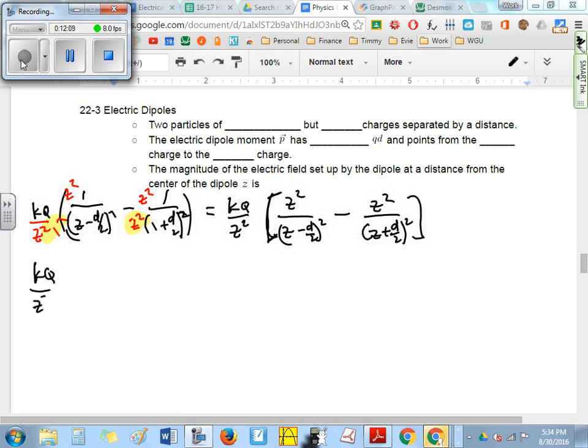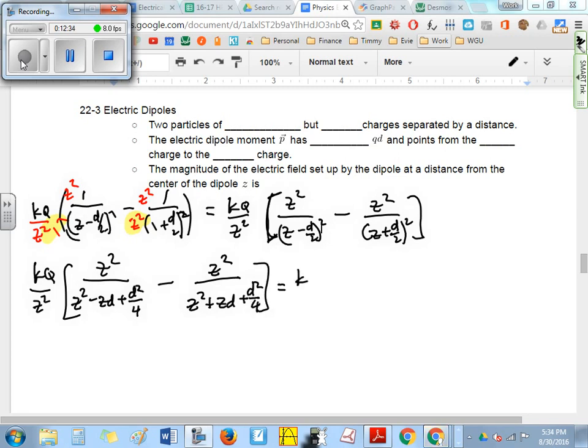So I'm going to go kq over z squared, and then I have z squared over, and the denominator is z squared minus zd plus d squared over 4. That's a zd, not a 2d. And then minus, and same idea over here, z squared plus zd plus d squared over 4. Combining the fractions together, we multiply the top of the first fraction by the bottom of the second and vice versa.